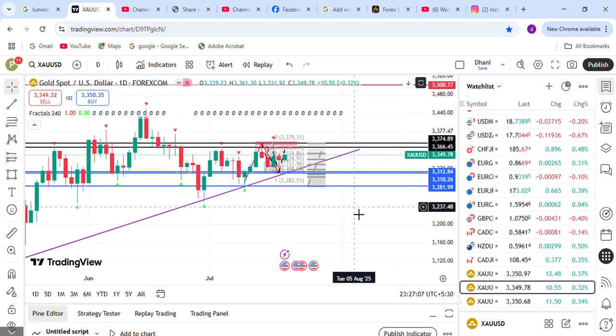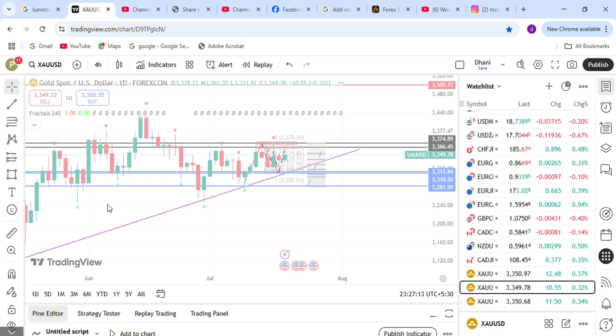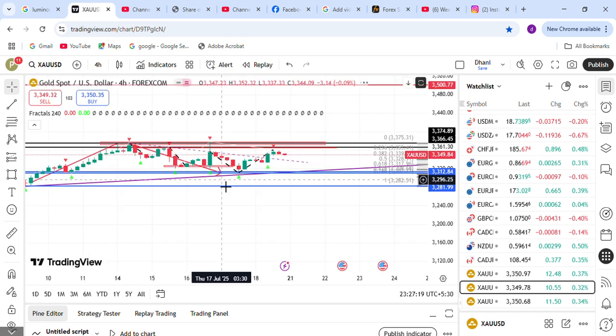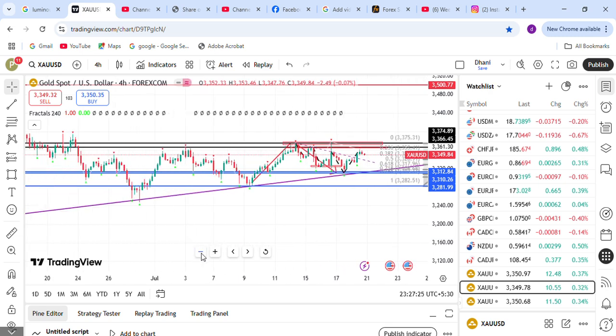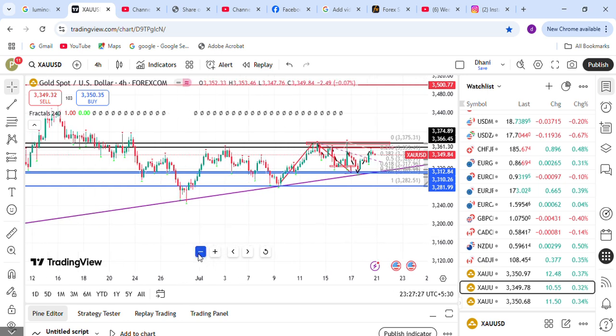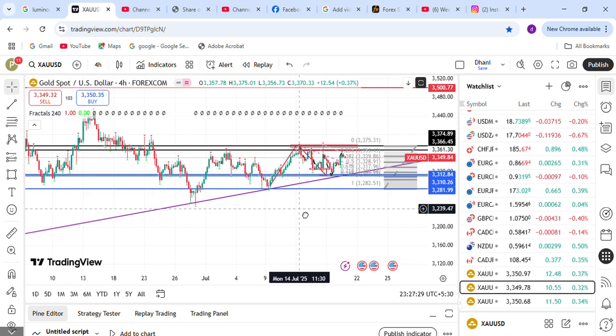And if I show you, last week I gave a very fantastic level, most of you will remember, and that was on the H4, 4 hourly. So let's see. As this market was holding what I said last week, and I want to keep things very simple, I don't want to make things complicated.